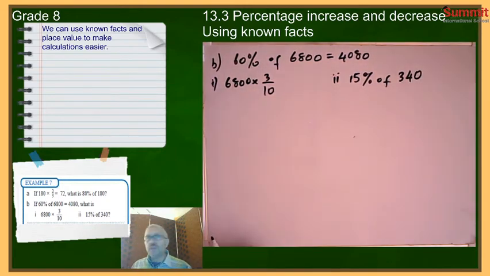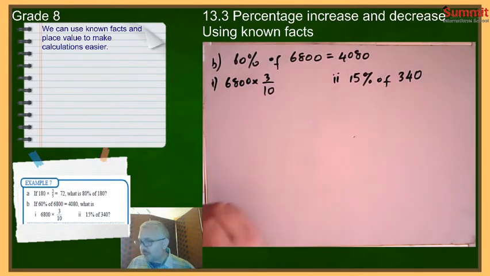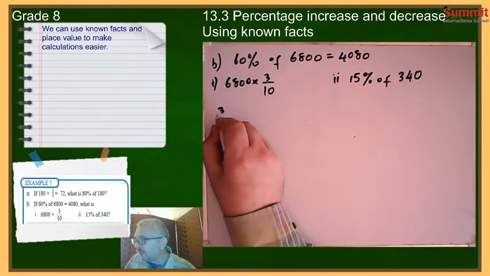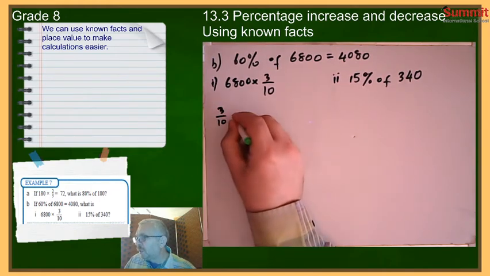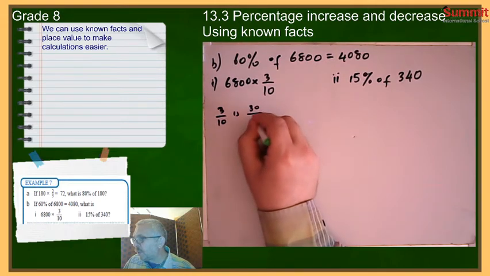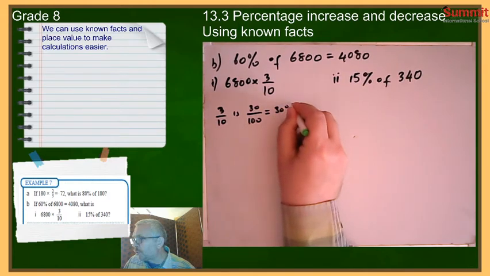Here we are going to use the known facts to find this. Let's try to solve the first one. 3 over 10 we can say is 30 over 100. It will be equal to 30%.